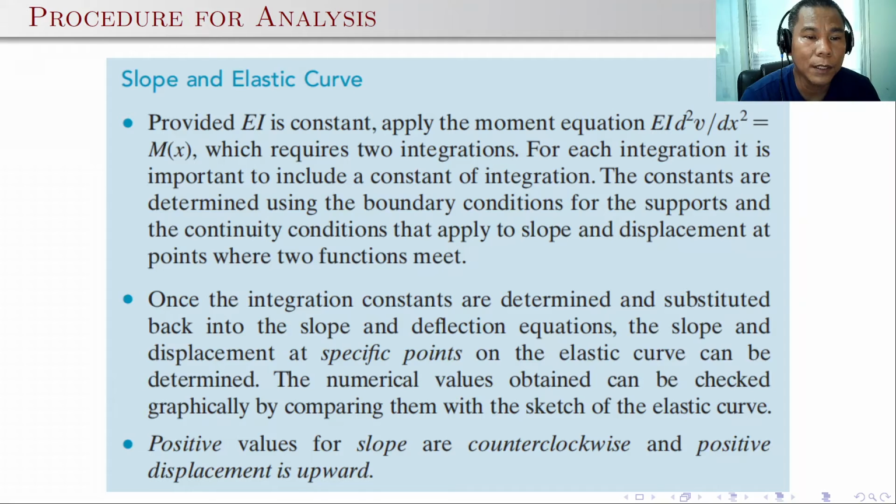The constants are determined using the boundary conditions for the supports and the continuity conditions that apply to slope and displacement at points where two functions meet. Once the integration constants are determined and substituted back into the slope and deflection equations, the slope and displacement at specific points on the elastic curve can be determined.